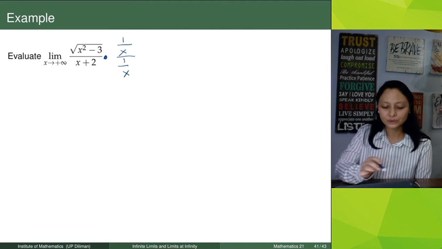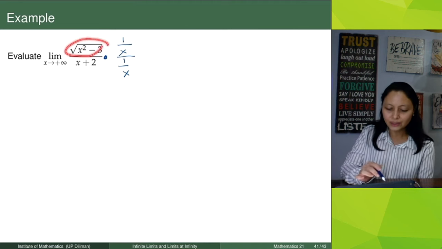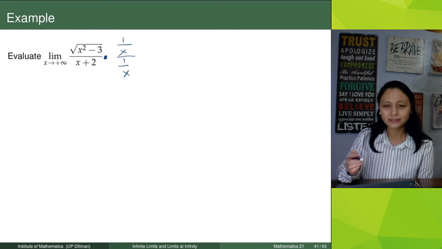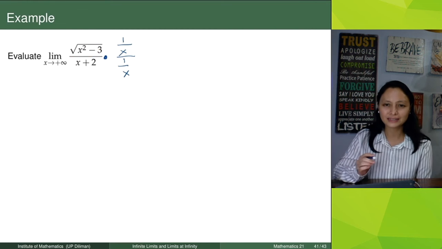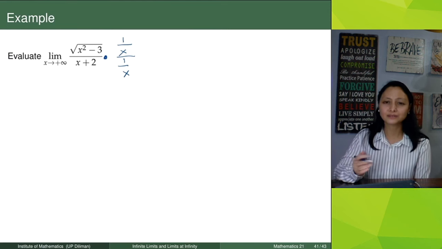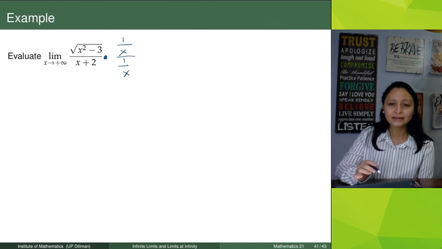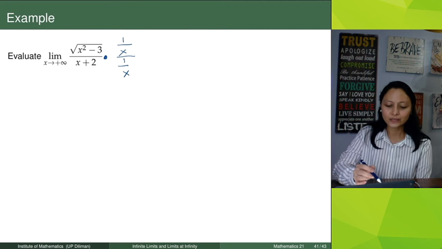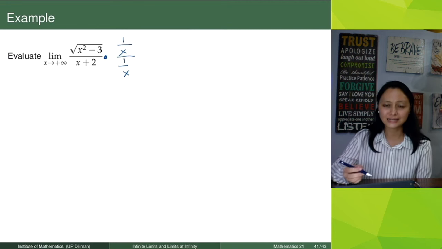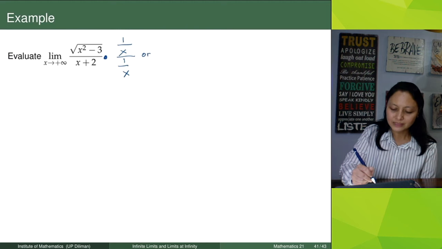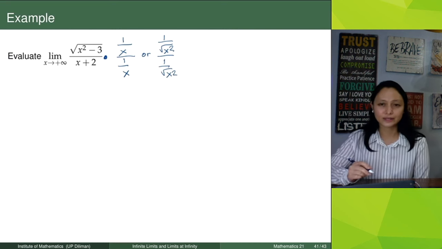For the part with the square root, when we multiply radicals, we can multiply the terms under one radical provided that they have the same index. So we express this as a radical, or multiply this by 1 over the square root of x squared.